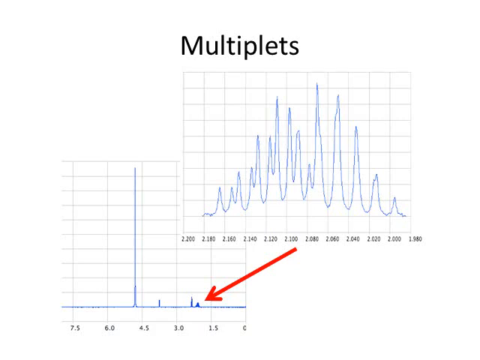Now sometimes those things more complex will be obvious, like I've got a doublet of doublets or a doublet of triplets. But really, in reality, in real spectra, you go into the lab and you measure a molecule, those things that have hydrogens on either side are going to tend to be harder to interpret. And so what we're going to do, at least at first, is just refer to those as multiplets.